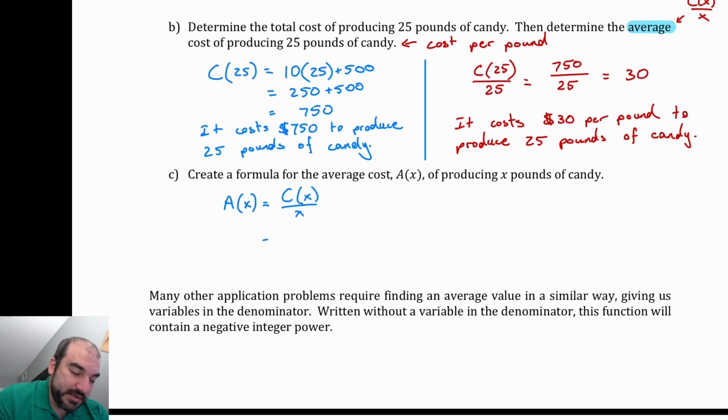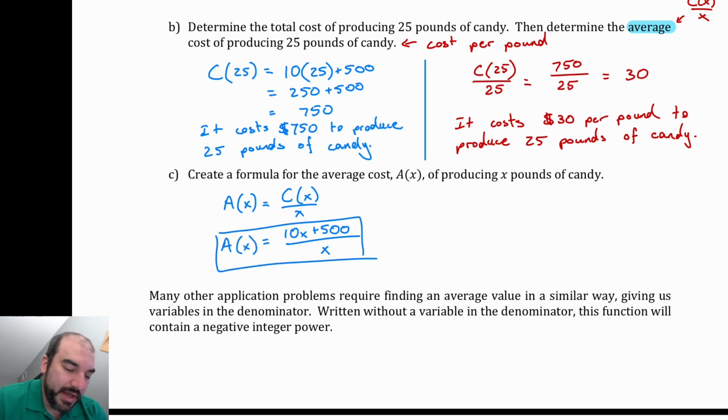So let's actually do that. What is C of x? C of x is 10x plus 500 divided by x. So we have a formula, we have a function for the average now, if we just put it in general terms with the x.